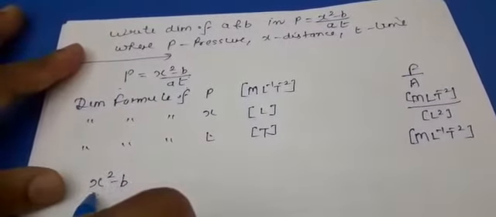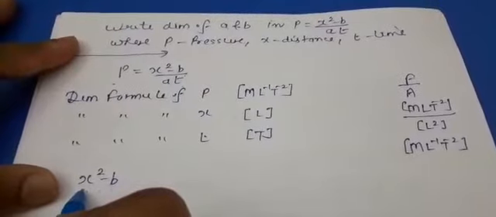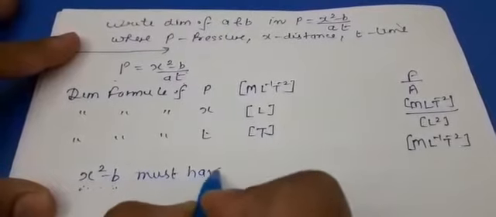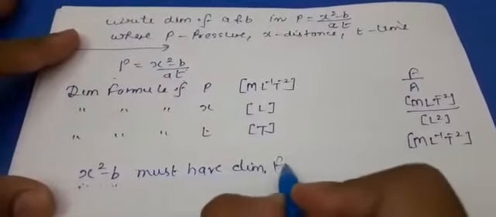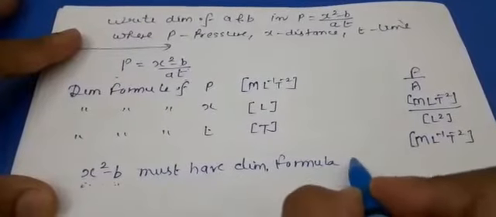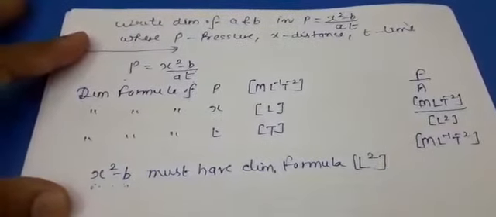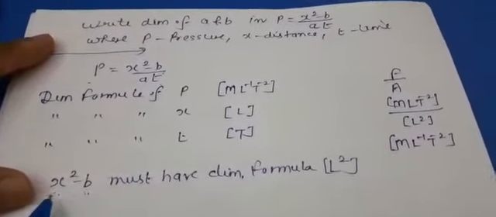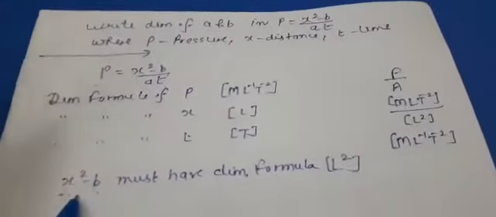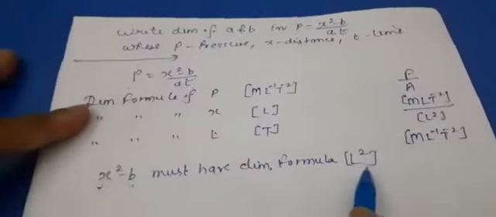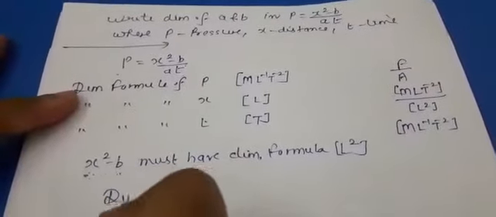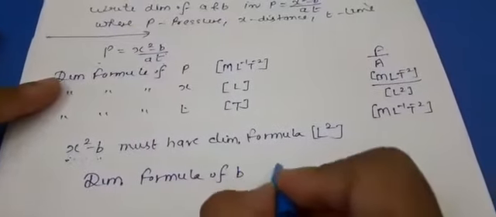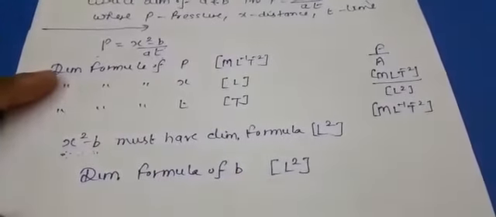As x square will have the dimension formula of L to the power 2, the difference of these two must have the dimension formula L2, because x has formula L, so x square will have L square. So x square minus b must have formula L to the power 2. It means the dimension formula of B will be the same, L to the power 2.